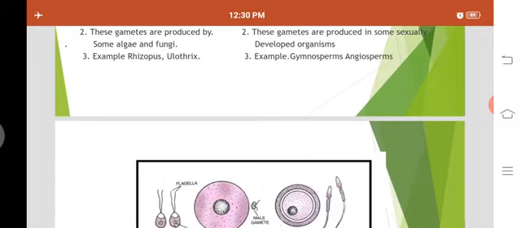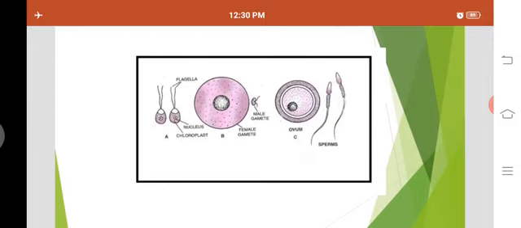You can see the third slide below, the diagram is there. By seeing this diagram, you are very easily capable of writing the answer to: write the difference between, distinguish between homogametes and heterogametes. Just see the picture here.